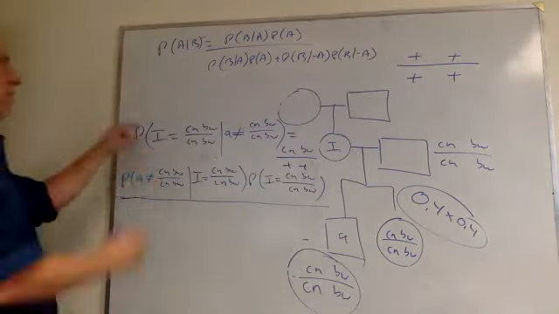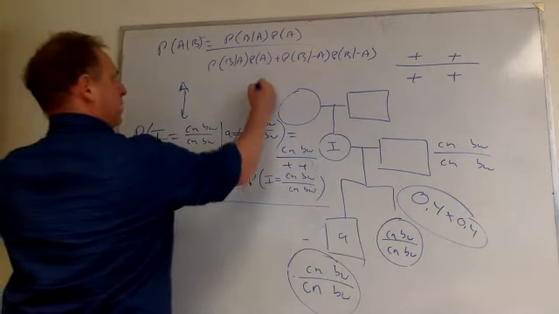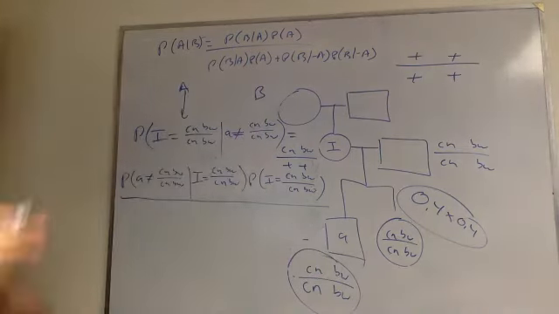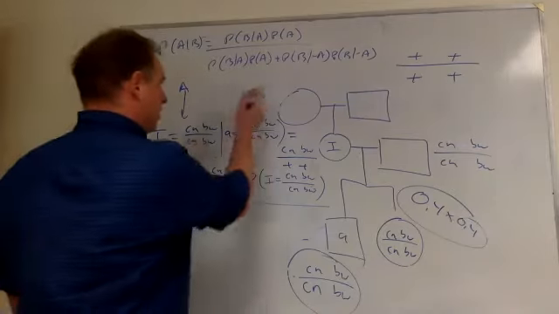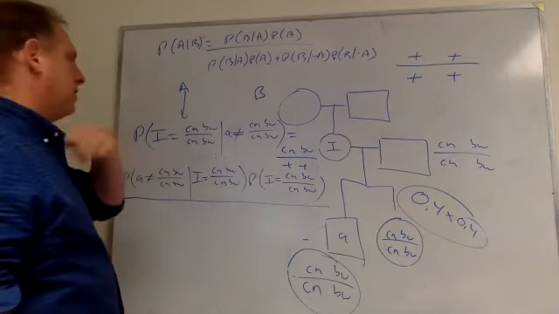This is A right here, and then this is B. Those are numbers that we know, and we can figure out these separately.